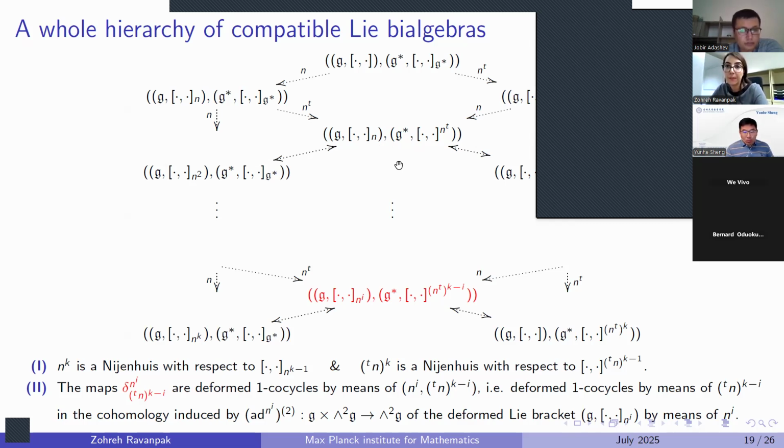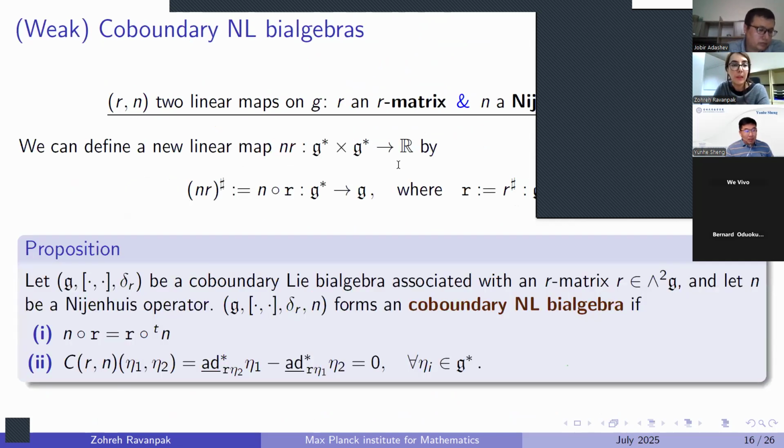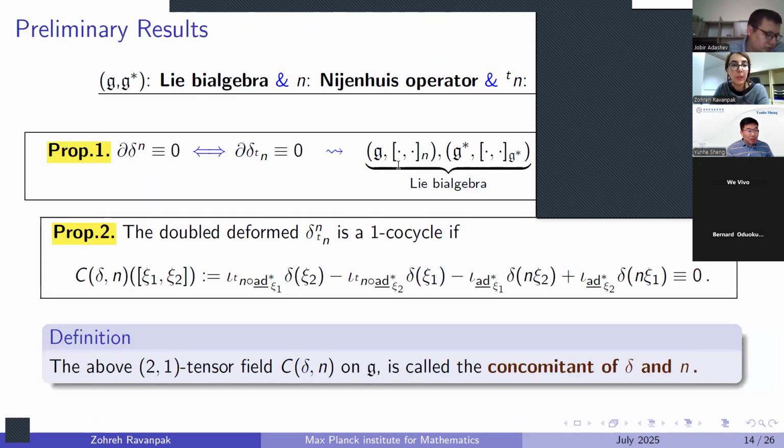Could you show me the condition again? Yes, sure. It's the concomitant, here. For the concomitant we have this commutator between the Lie derivative of forms and n transpose, and here we have it between the adjoint representation and n transpose.